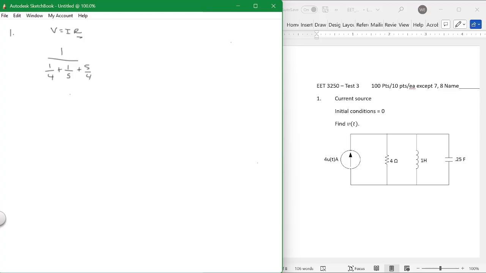Everybody agree with that? Now you have to solve this by getting a common denominator: 4/4S plus S/4S plus S squared over 4S. So that's the first step.